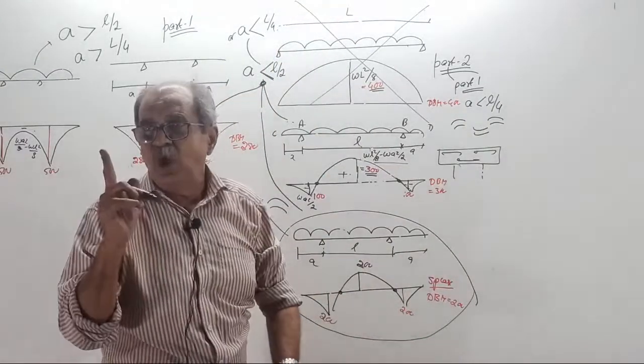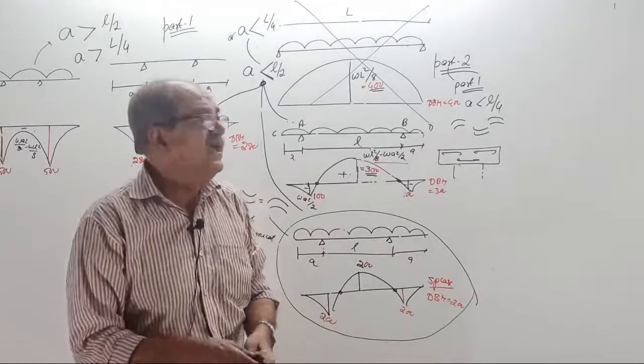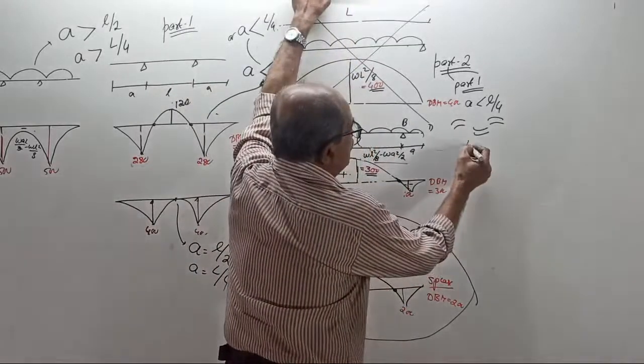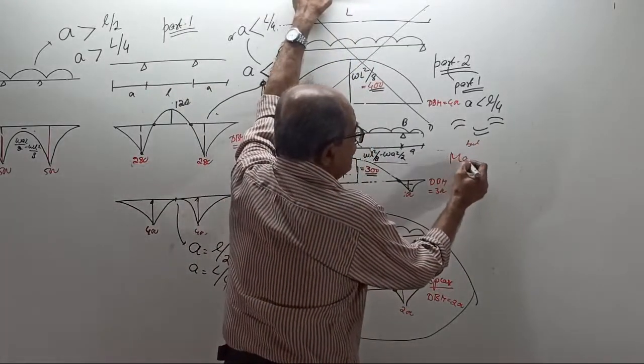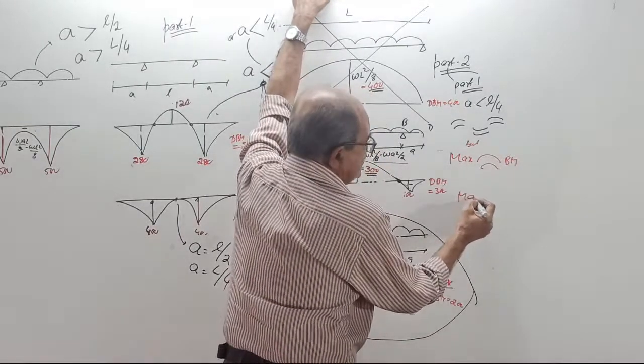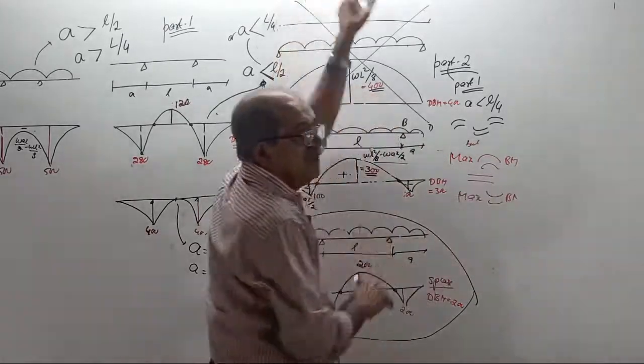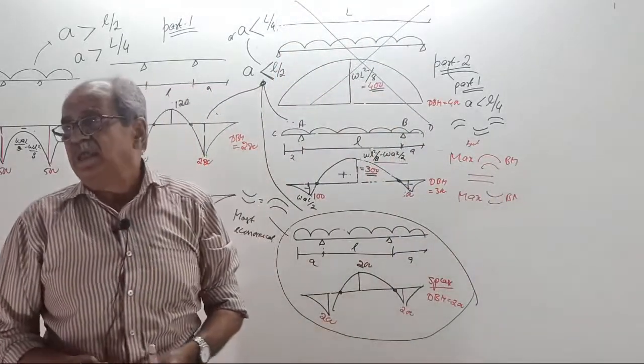You should write all this. Hogging and sagging both are there, but the maximum hogging BM and maximum sagging BM are both equal. Clear now? Both are equal.